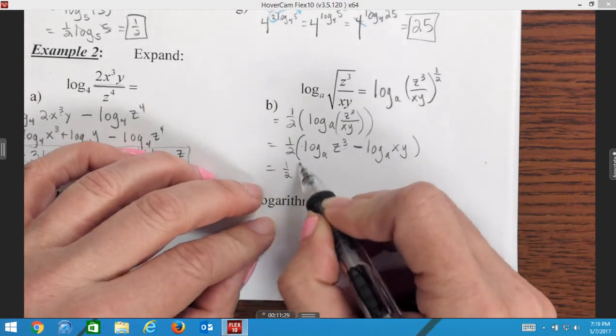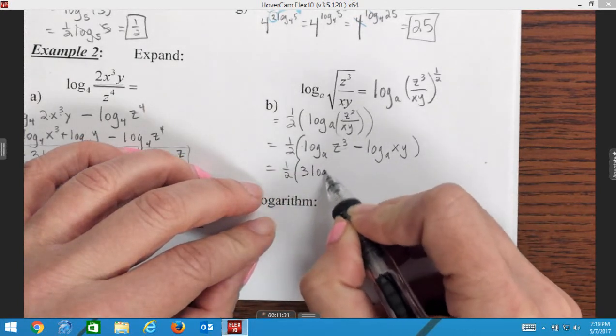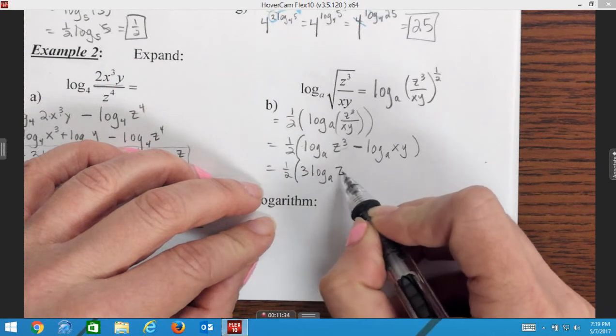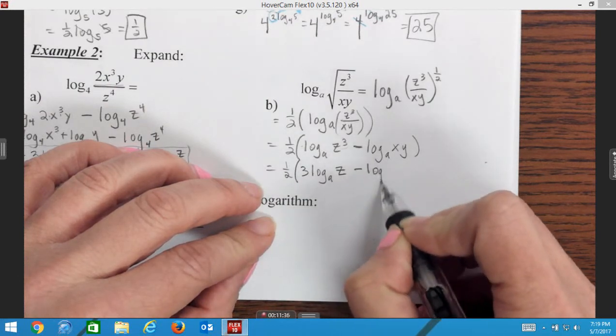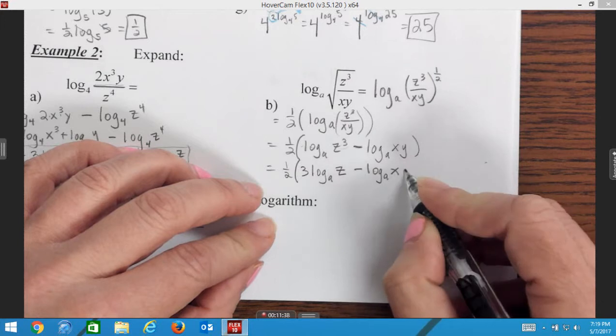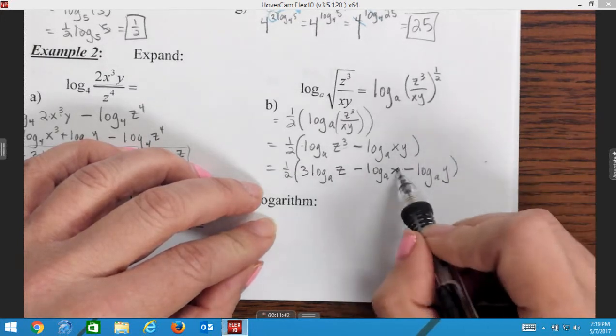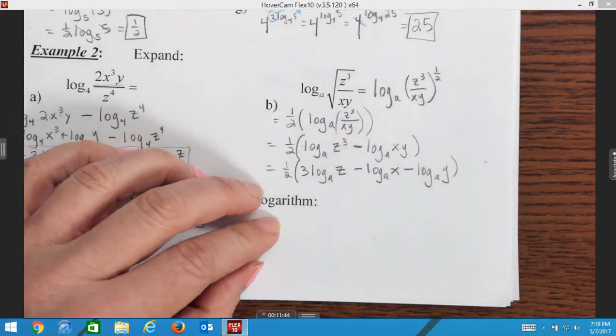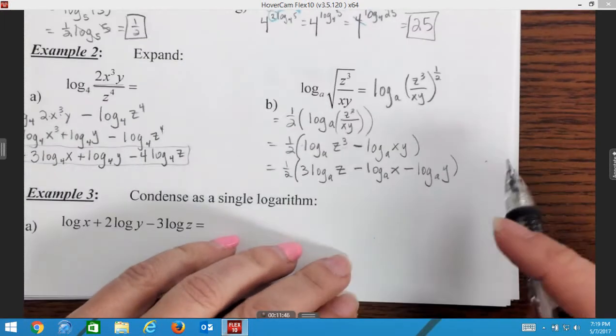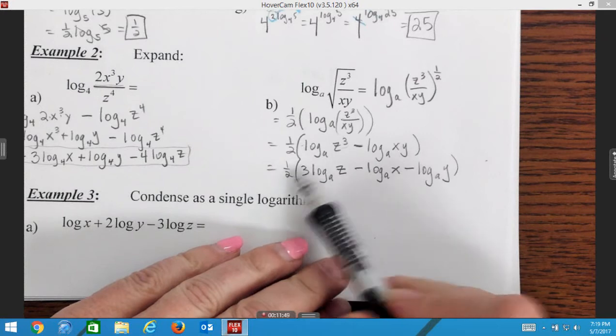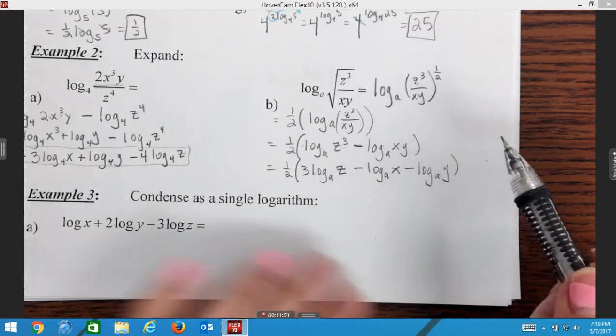I'm going to have half 3 log base A of z minus log base A of x, and then I'm going to have minus log base A of y, because both x and y are in the denominator. And that would be as far as I could expand that out. You could distribute the 1/2 if you wanted to. I don't feel like you need to.